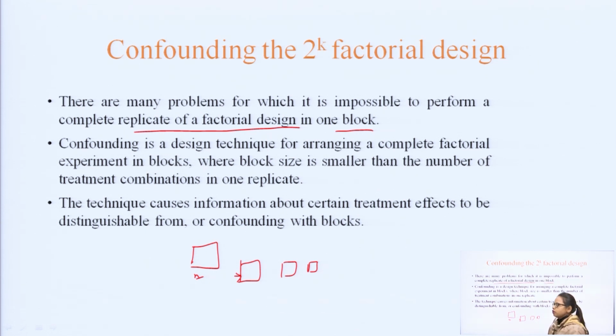So what does confounding actually mean? Confounding is the design technique for arranging a complete factorial experiment in blocks, where block size is smaller than the number of treatment combinations in one replicate.